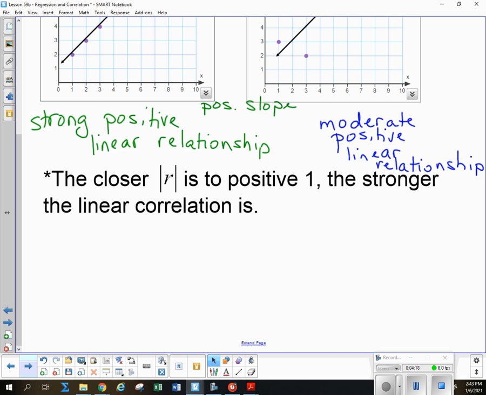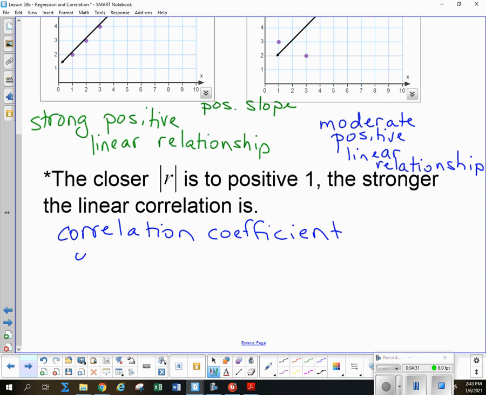That will be our correlation coefficient, or R value. The calculator will tell us R equals something. These R values will always be between positive and negative 1.